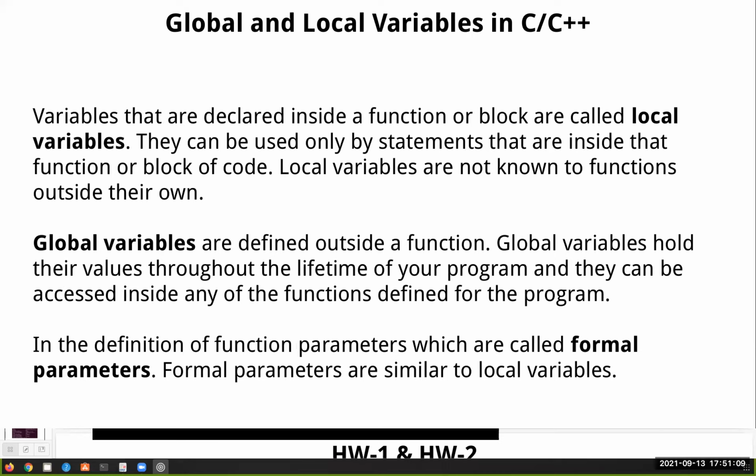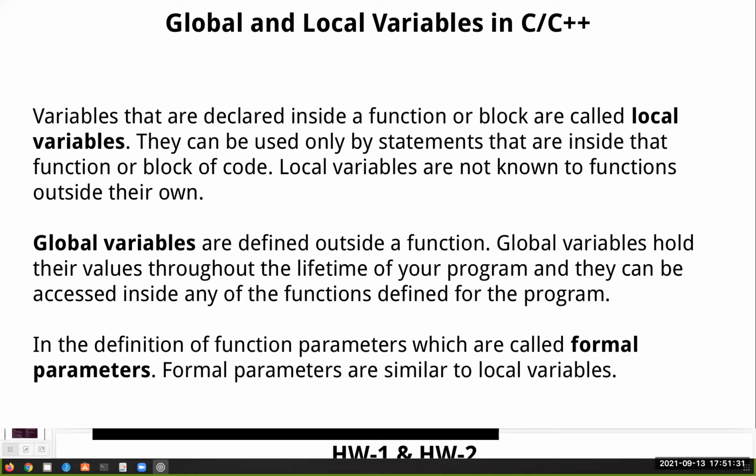So let me remind you what are local and global variables. Local variables are those variables you declare inside a function. So they can only be accessed by statements in that function.